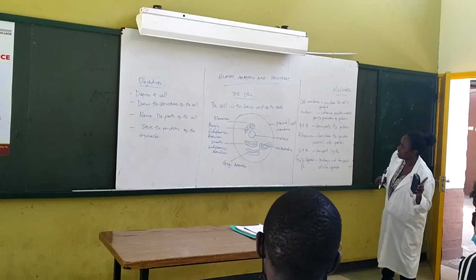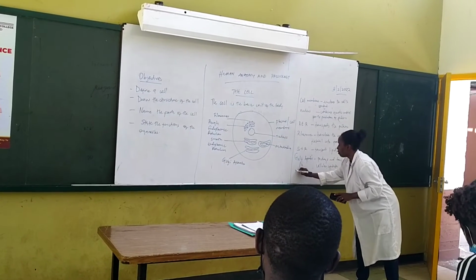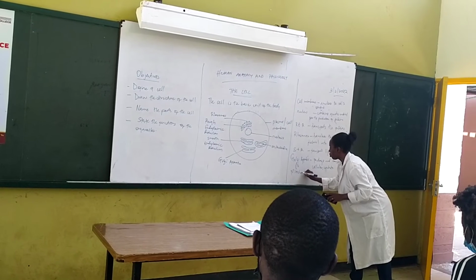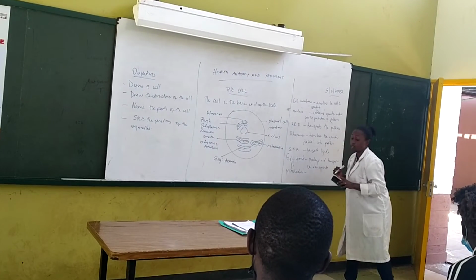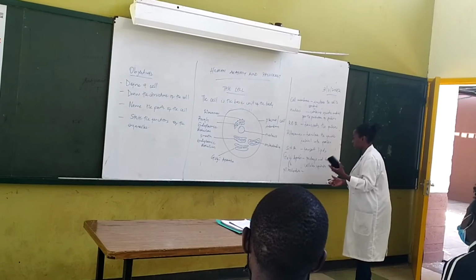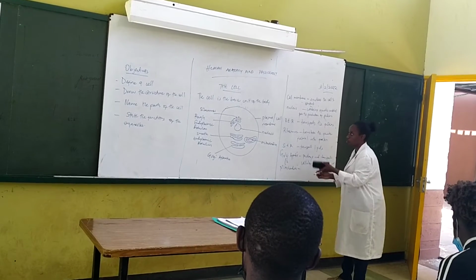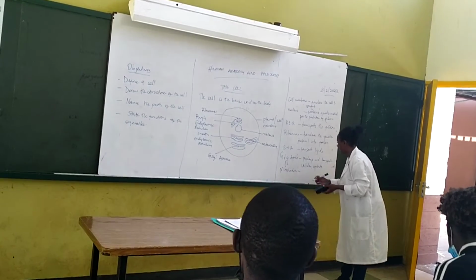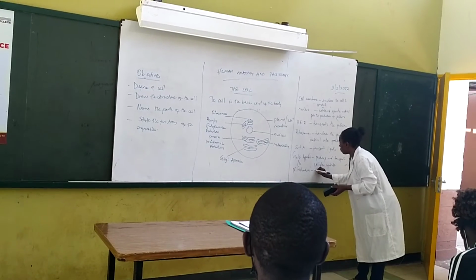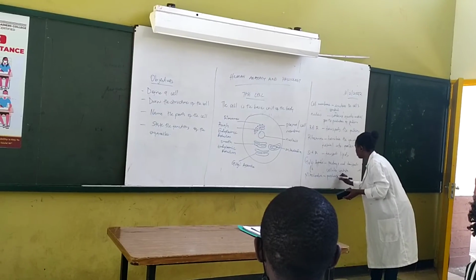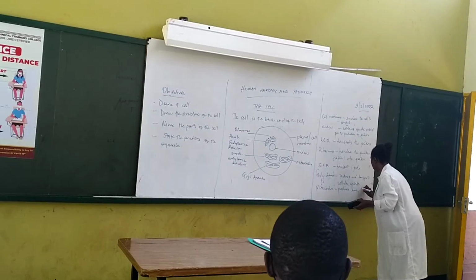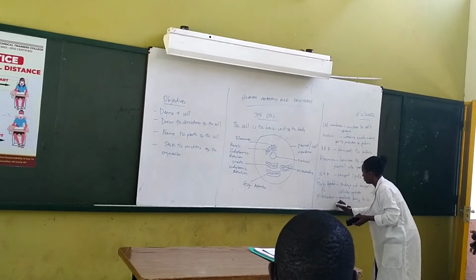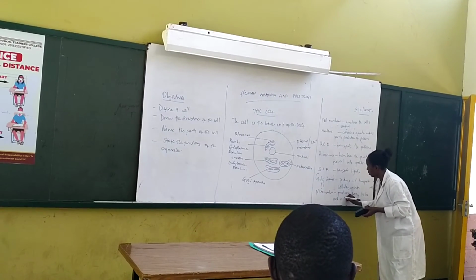And lastly, we shall talk about the function of the mitochondria. The mitochondria produces the energy that is required to do all the functions in the cell.